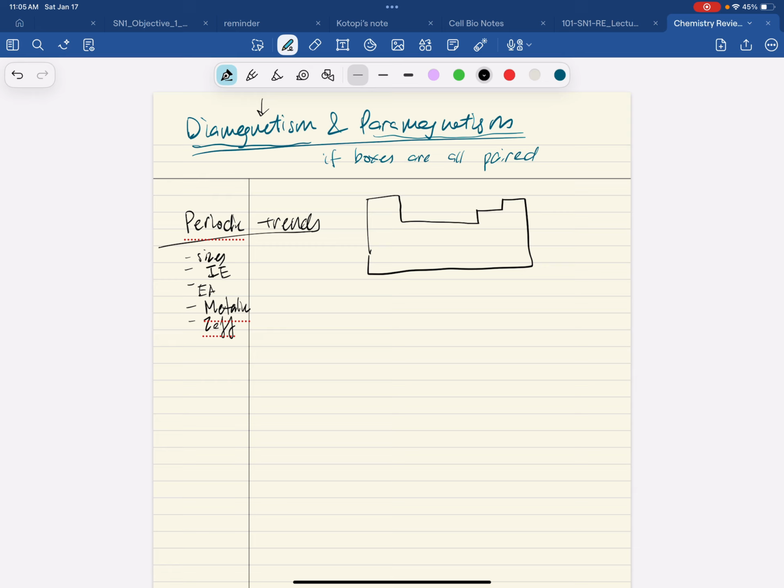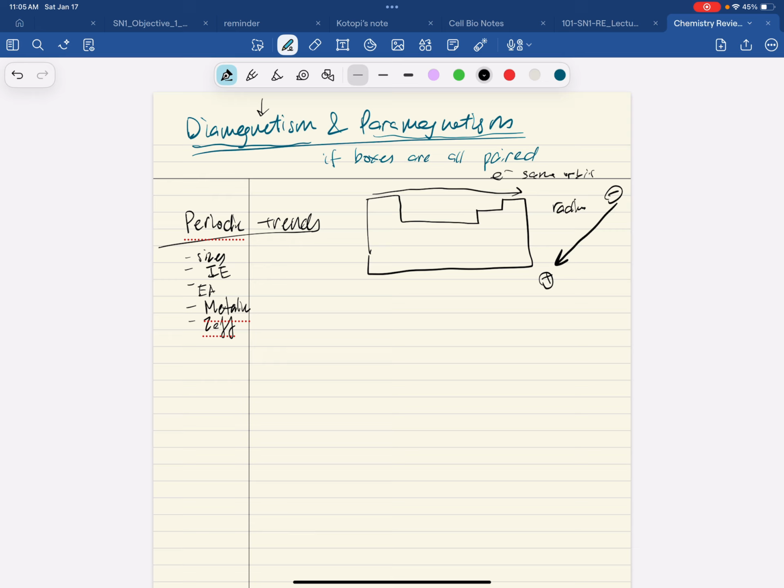The radius, for starting off with the radius, is a trend getting bigger that way, and it's smaller here. And this is a bit of a logic, I could say. If you draw the atoms, fictionally speaking, the more you go this way, we're going to add electrons on the same orbit, meaning that it will be more compacted.